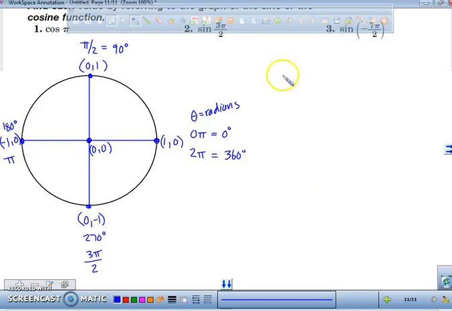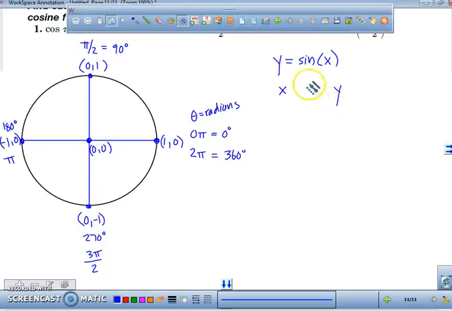So what I want you guys to do right now is write y equals the sine of x, and make an x and a y table.